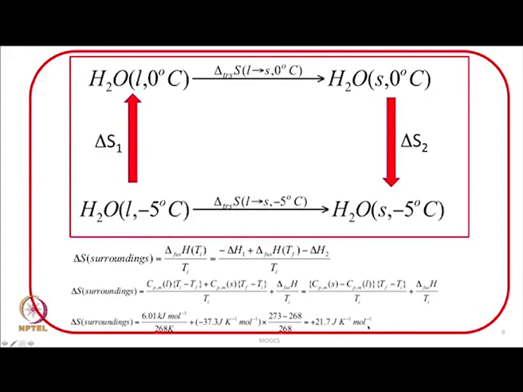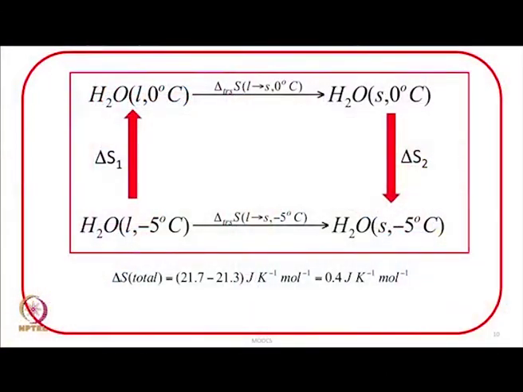Remember that we are talking about the freezing process. Freezing is exothermic, and this heat liberated goes out to the surroundings and increases the entropy of the surroundings. So, when you calculate the total for the surroundings, it is 21.7 joules per Kelvin per mole.